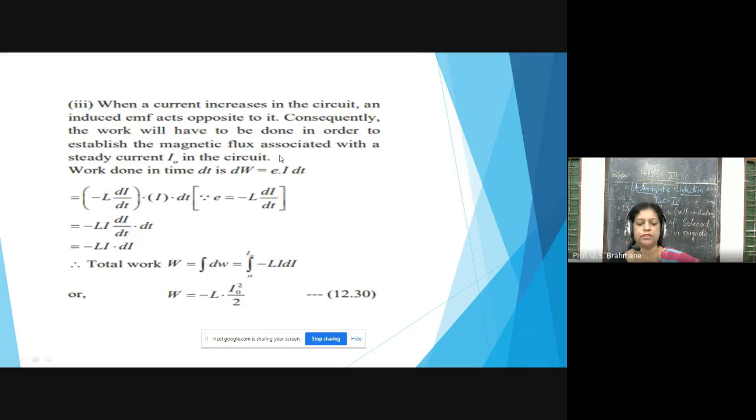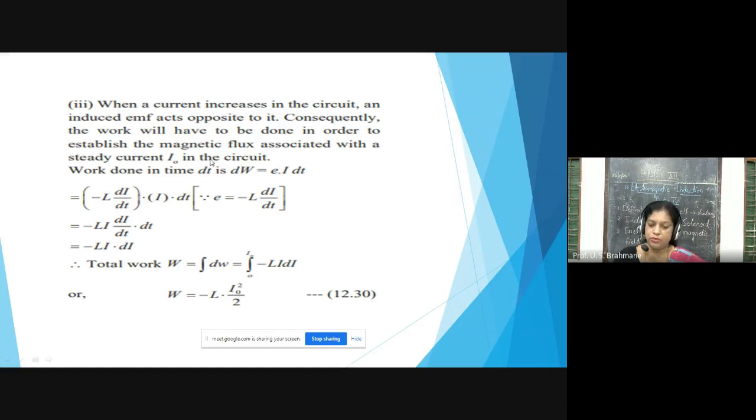The third one is, remember, when the current increases in the circuit, the induced EMF acts opposite to it. This is because of Lenz's law. Because of this, work will have to be done in order to establish the magnetic flux associated with a steady current I0 in the circuit.